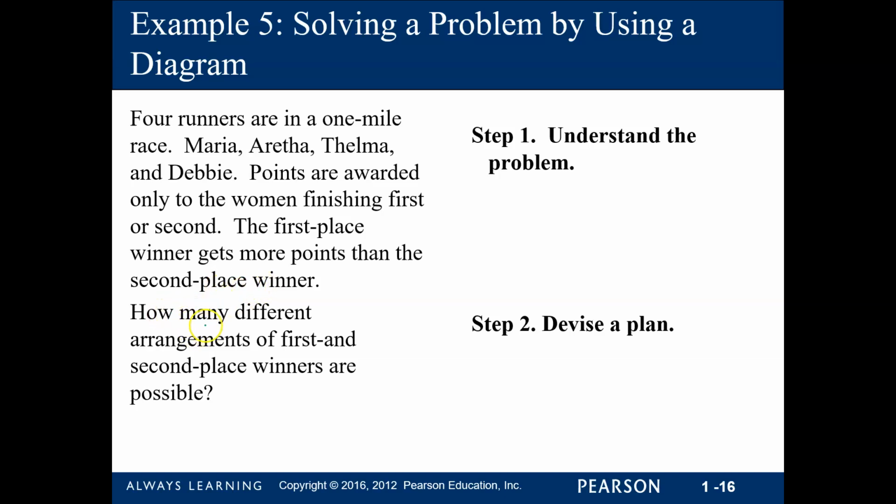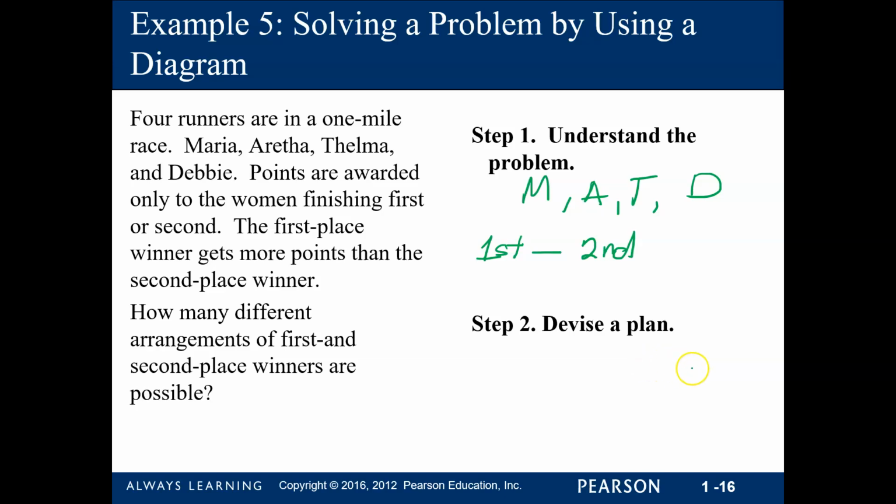The question is, how many different arrangements of first and second place winners are possible? We know that we have 4 runners, and according to the scenario, there is a first placer and a second placer. That's always the scenario.